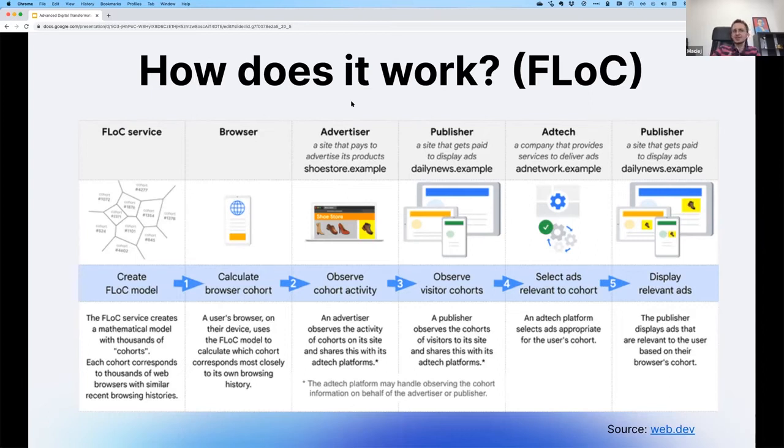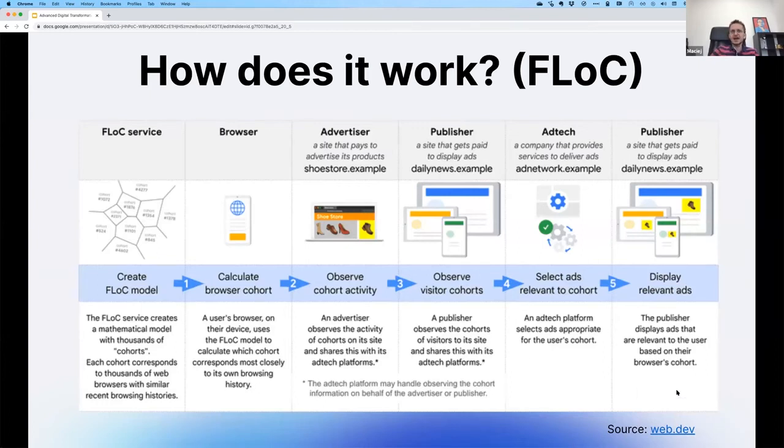Because I visited so many sites related to fashion, I get the cohort fashion. And based on that, the advertising platforms can read the cohorts from our device. They cannot read what websites we visited, but they can read the cohort. And based on that, they can do better targeting and display us the relevant ads.